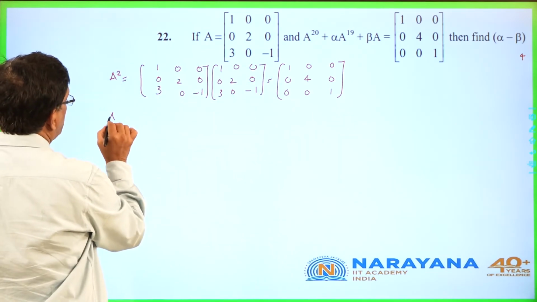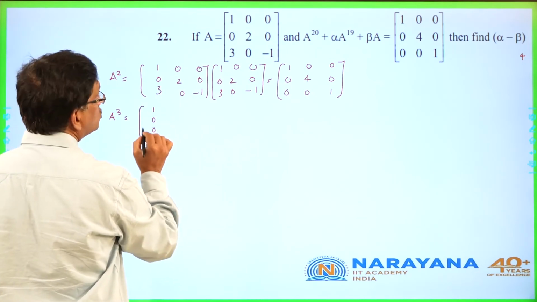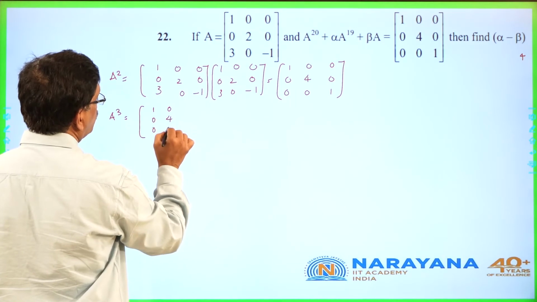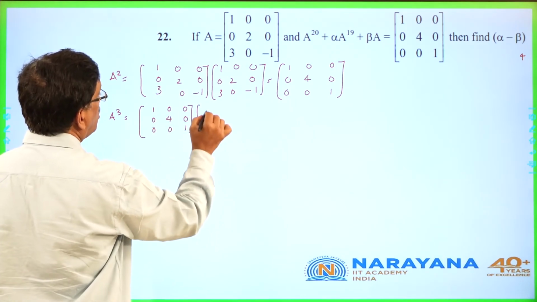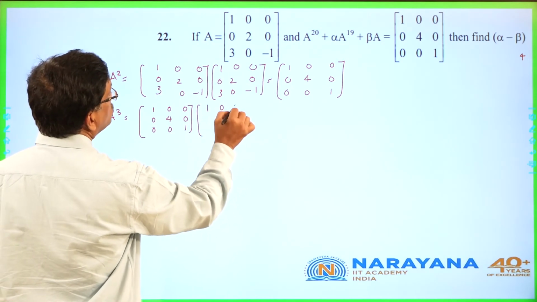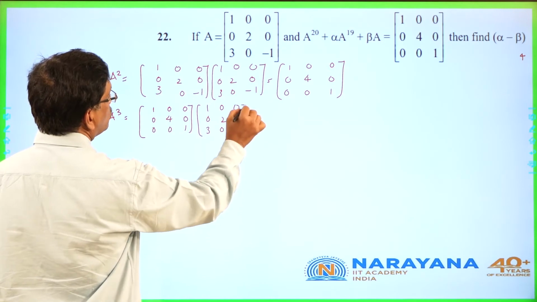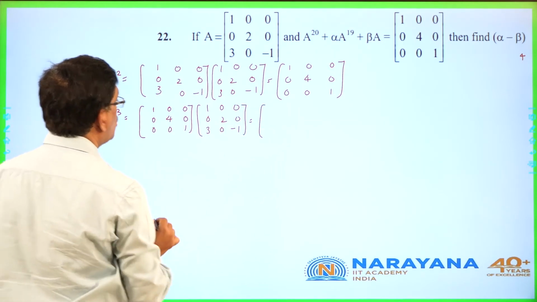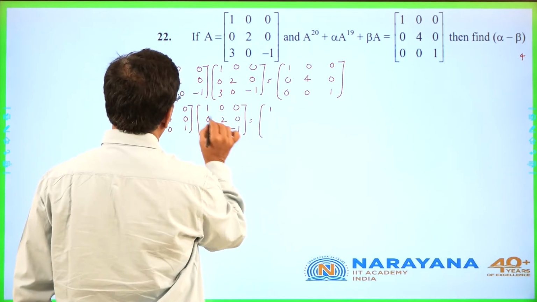Now I am computing a cube. That is 1, 0, 0; 0, 4, 0; 0, 0, 1 times 1, 0, 0; 0, 2, 0; 3, 0, minus 1. So 1 into 1, 1, 0, 0. Next 0, 0.